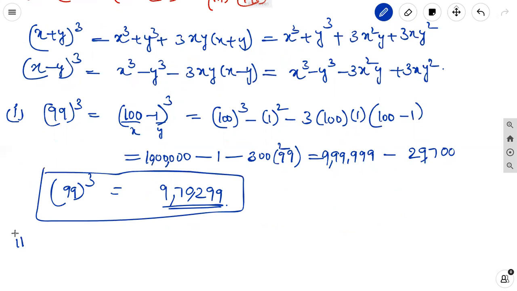Okay. Second one, that is 102 whole cube, equal to (100 plus 2) whole cube.